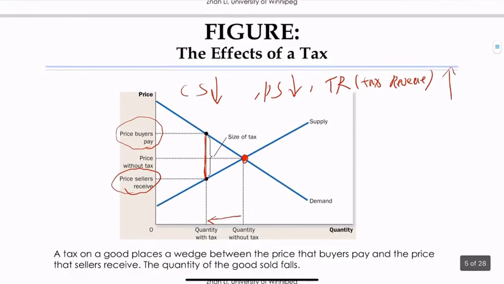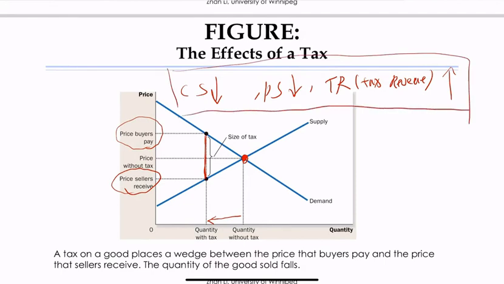Because if you just look at these three components, you don't actually know whether the increase in tax revenue can offset the decrease in consumer surplus or producer surplus or not, right?